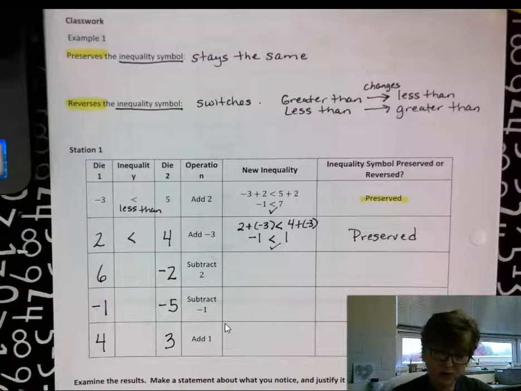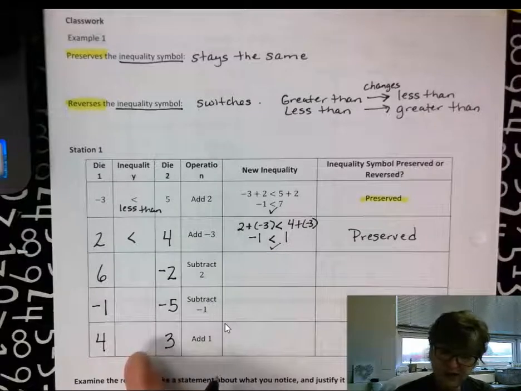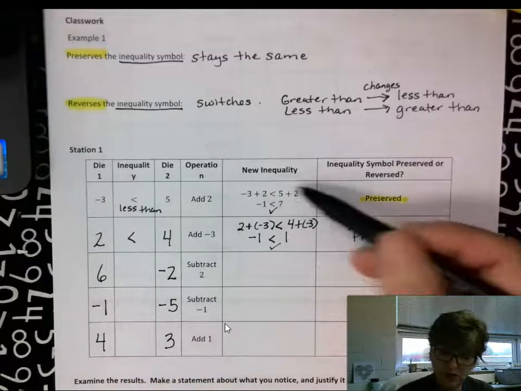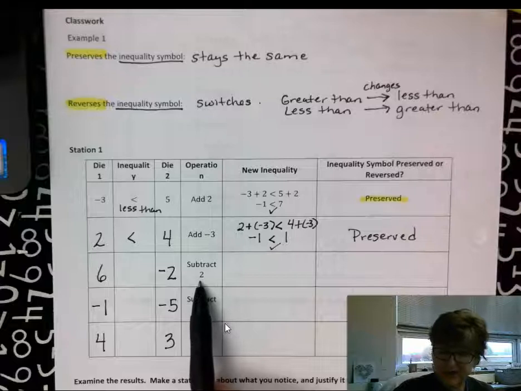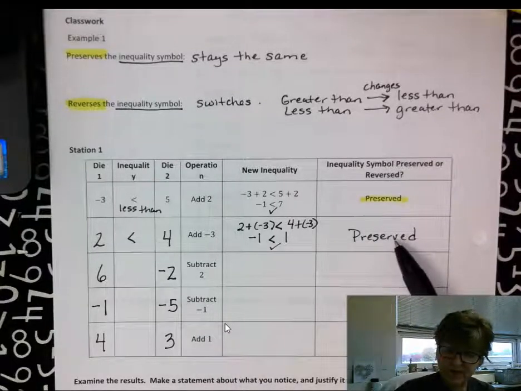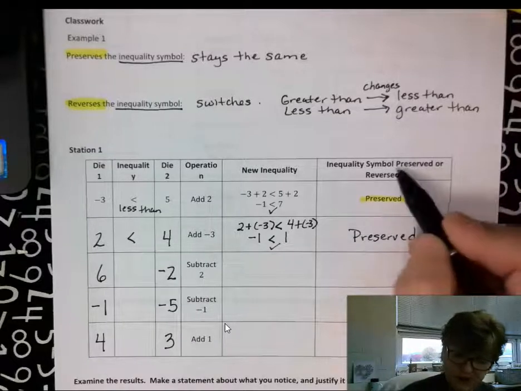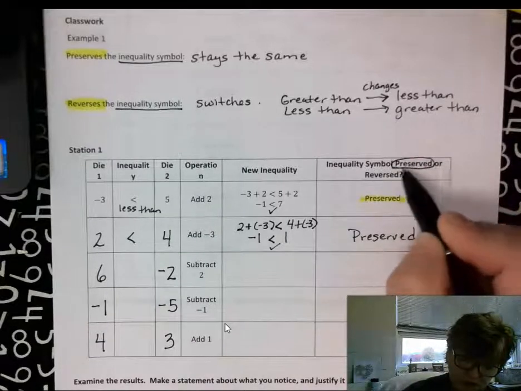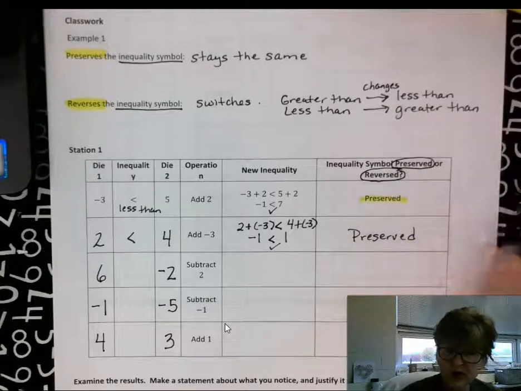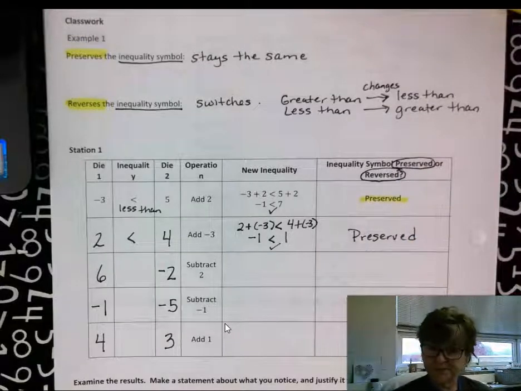So again, I'd like you to fill in the inequalities. Then I want you to do the new inequality by following this direction right here, this operation. Decide if it is preserved or if it is reversed. And when you're done, come back.